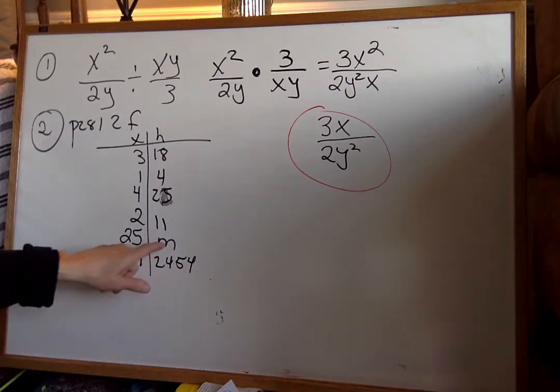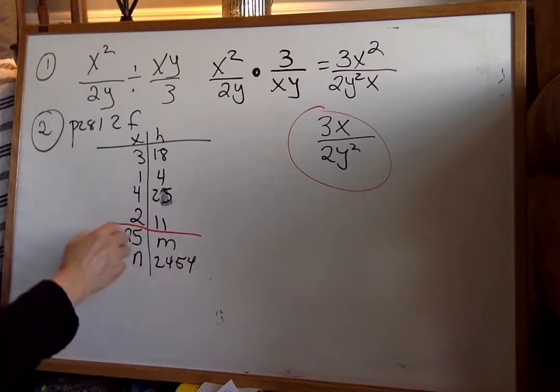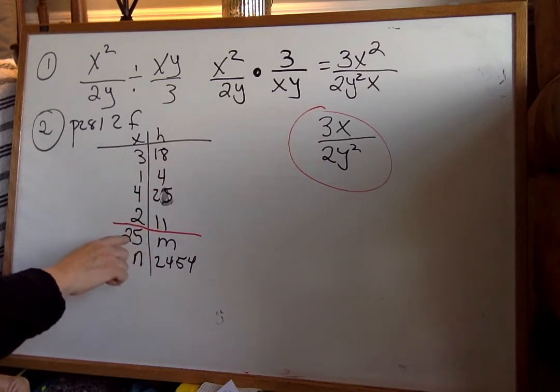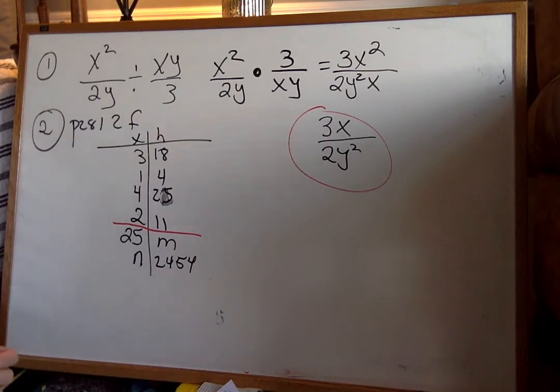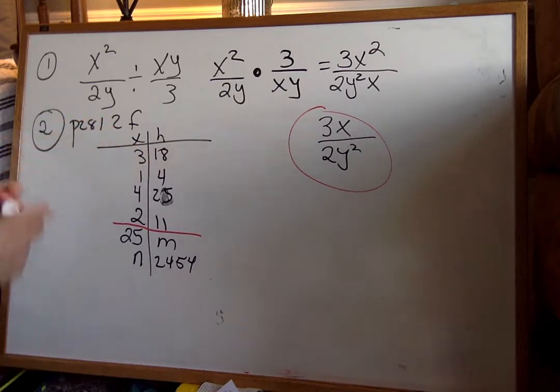Now, what they did, if you want to view that as a separate problem, once you get the equation, then you're just going to plug in the x or the y. They're using h here. It is really encouraged in the Algebra 1 classroom not to always use x and y. That h, just like y, is a function of x.